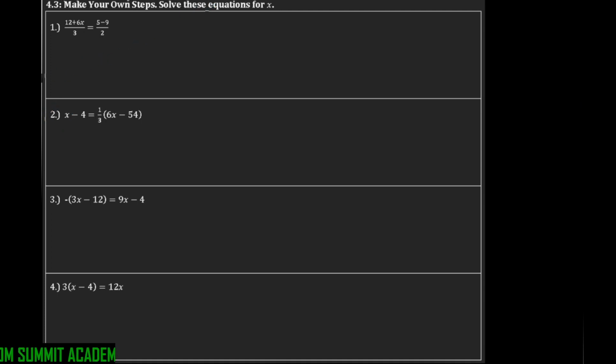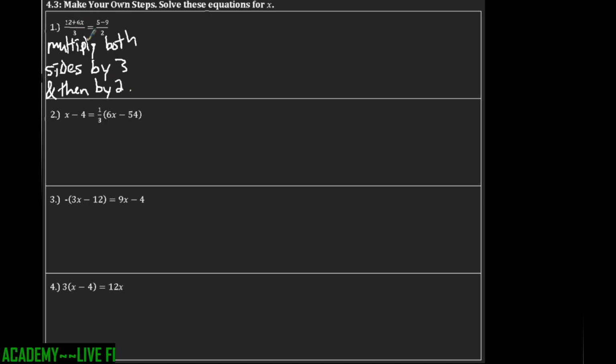So for this one, I'm going to multiply both sides by 3 and then by 2. Because if I look at my equation, notice I have a 3 in the denominator and a 2 in the denominator on the right side.